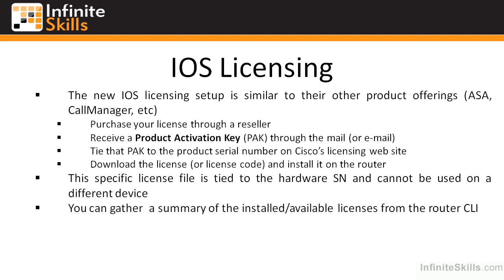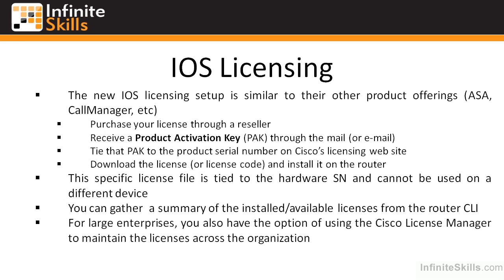Now, you can gather a summary of the installed and available licenses from the router CLI, which we'll do here in about 30 seconds. And I know you might be thinking, well, gee, I work in an organization and we've got 1,200 Cisco routers scattered across 17 states. How am I supposed to manage licensing on all of those routers? Well, luckily, Cisco has a free piece of software called the Cisco License Manager.